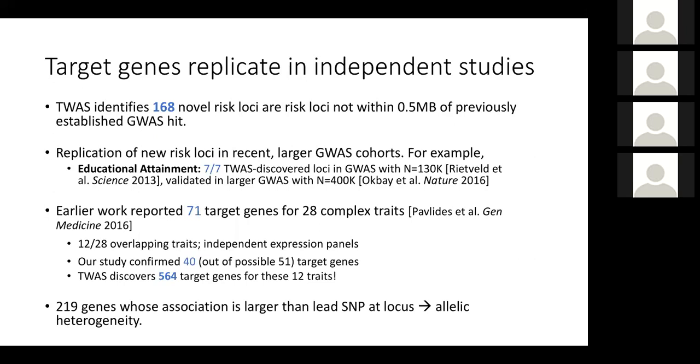Yeah, sure. Those are both great questions. So for the first point about the power issue, I'll use educational attainment again as an example. The GWAS study that we used within the TWAS framework had about 130,000 samples.